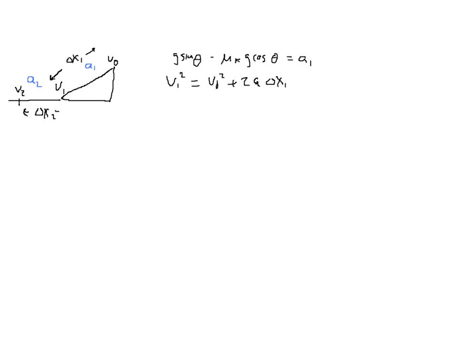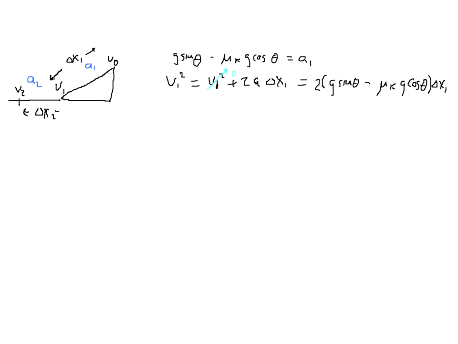Well, if they start from rest, then v0 equals 0. So v1 squared equals 2 times (g sine theta minus mu sub k g cosine theta) times delta x1.